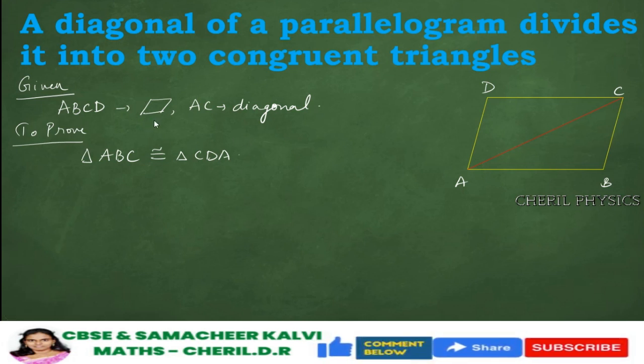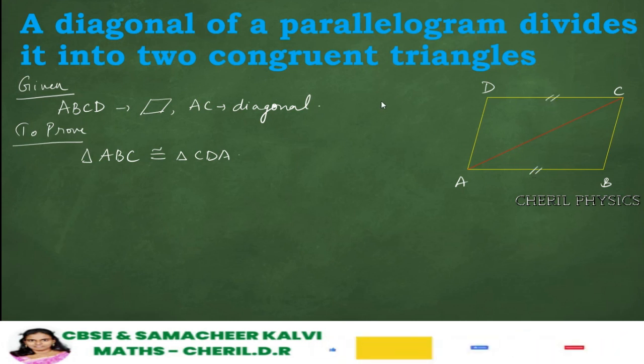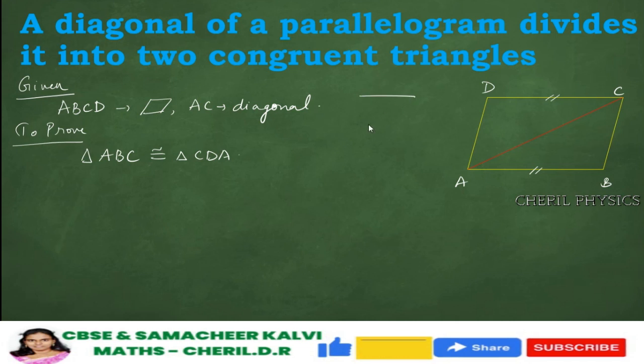We are given that this is a parallelogram. If it is a parallelogram, we know that this and this are parallel. And you already learned in lower classes that if there are two parallel lines and a line passing through those two parallel lines, then the alternate interior angles are equal. That means this angle will be equal to this angle.